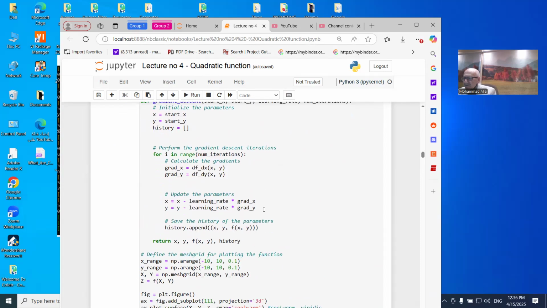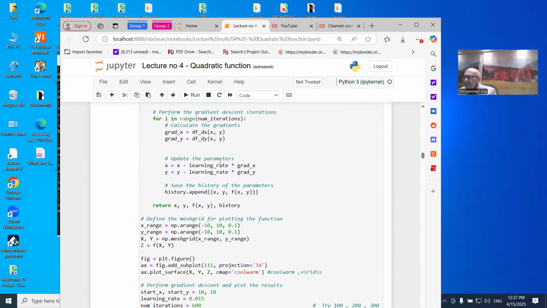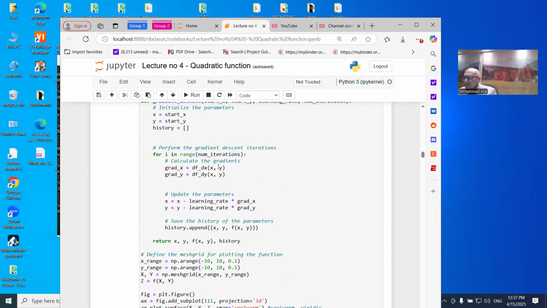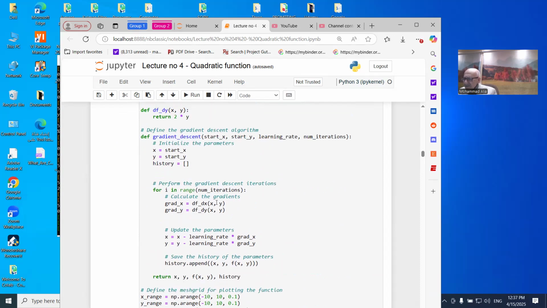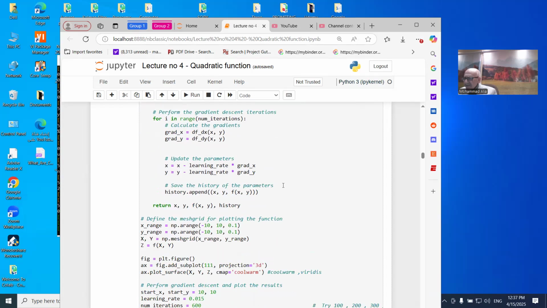Okay, so now for i in range of number of iterations, which will be 600, as I told you, we begin by finding the derivative by x of f of x, y, which is, as you see, 2x, and we assign this value to a variable we call gradient x. And the derivative by y is assigned to a variable called gradient y.